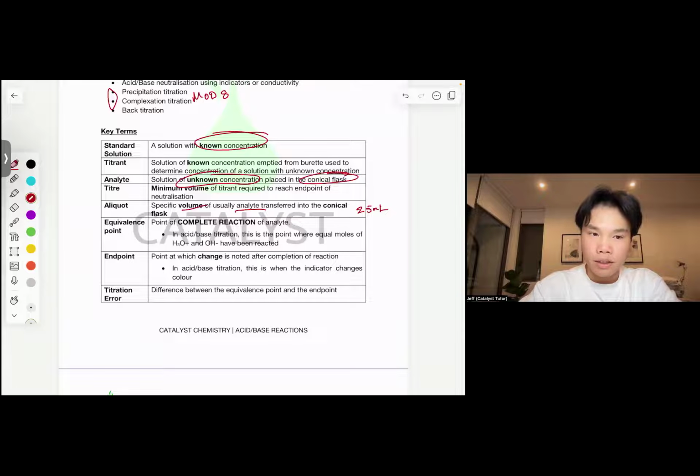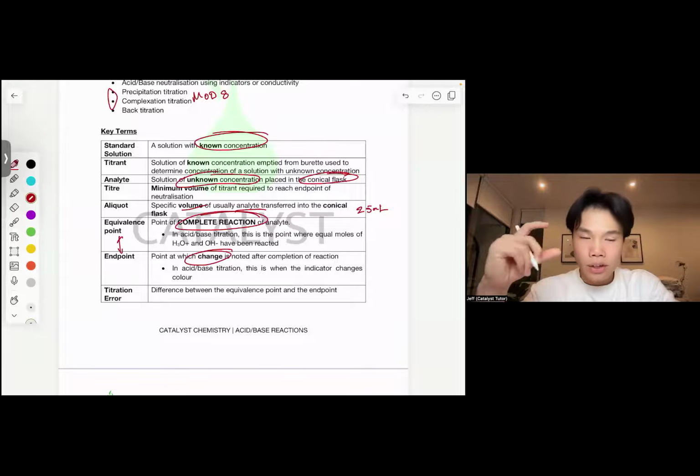Equivalence point can be defined as the point of complete reaction of analyte or complete neutralization. This is different to endpoint. Endpoint is the point at which you observe change, whether it's a color change or a change in conductance. It can be any change you observe to show that you've reached equivalence point.